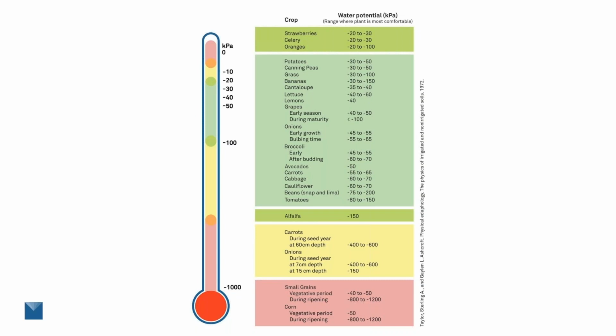And one of the things that is often confusing about matrix potential is that the kPa are always reported as a negative value. So something that helps me is I think about the more negative the value, the more dry the soil. So 0 is going to be that fully saturated range, and at negative 1,000 and below, we're really starting to hit that permanent wilting point.